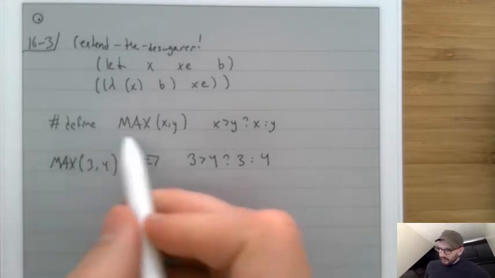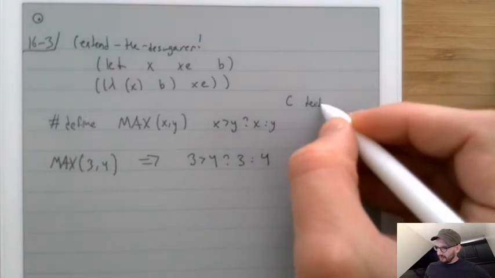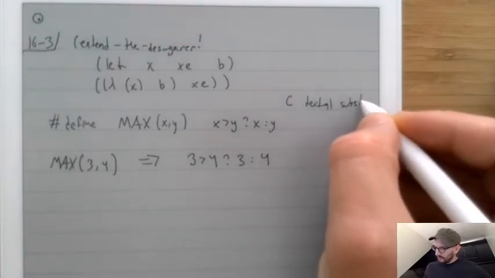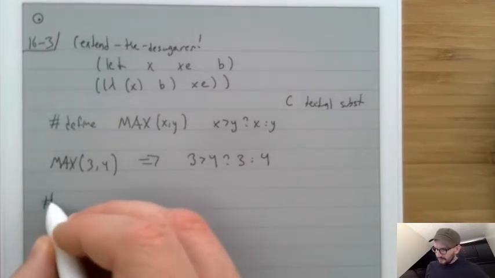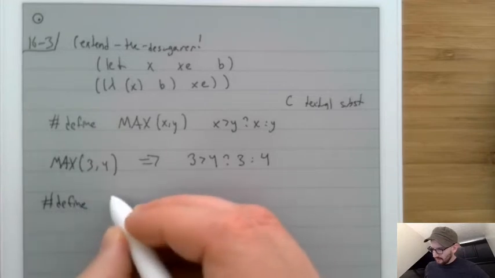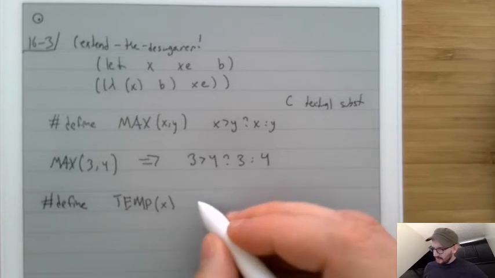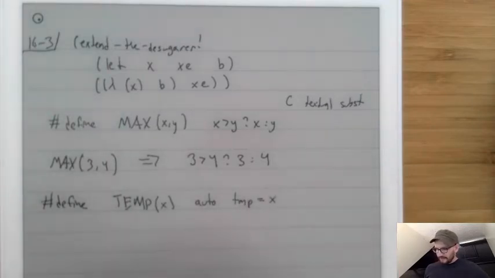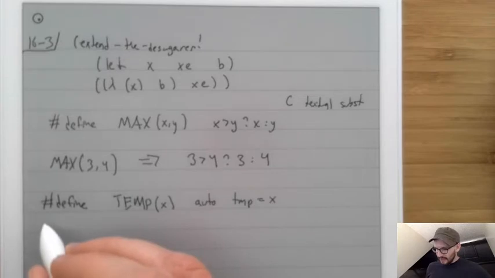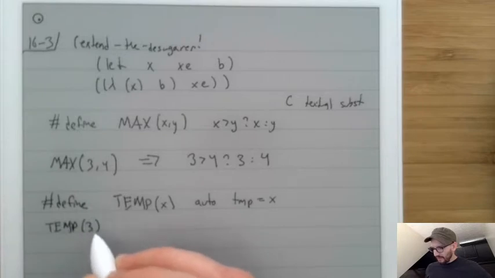And you can use this textual substitution feature in C to introduce binding forms. So we could write something like define temp x, and we could write auto temp equal x. And then in my program, I could write something like temp 3.